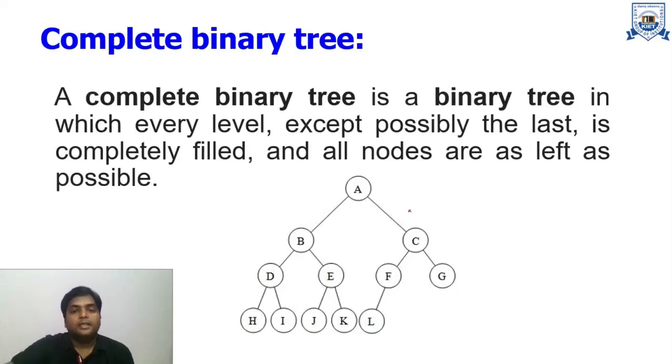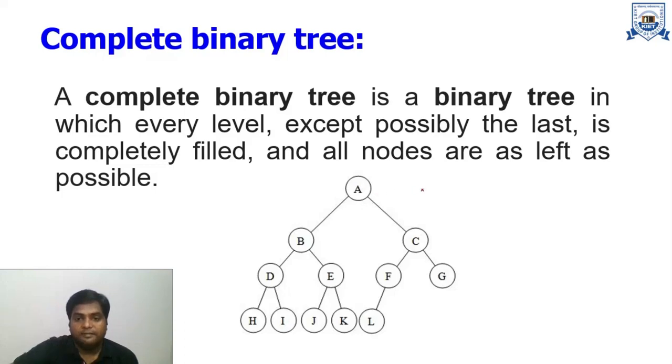If we are talking about a complete binary tree, in a complete binary tree each level is completely filled except for the last level. Just see the example of this complete binary tree.